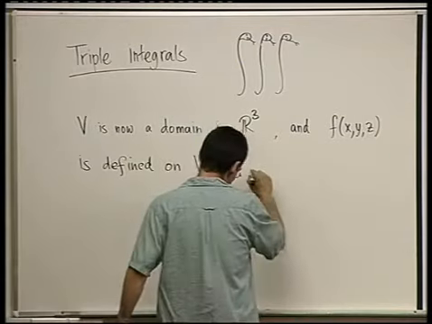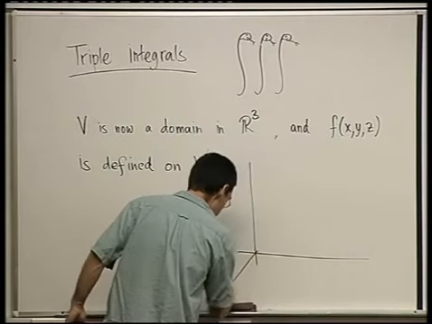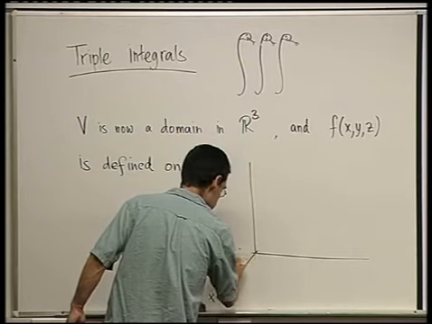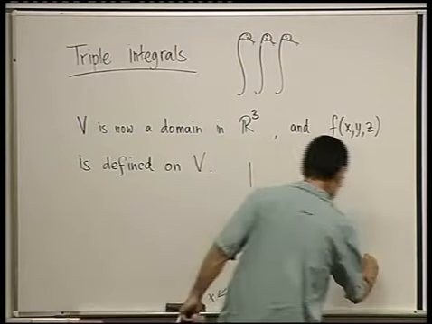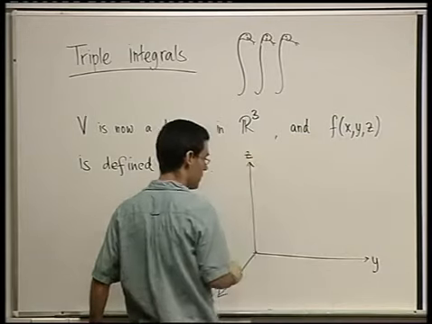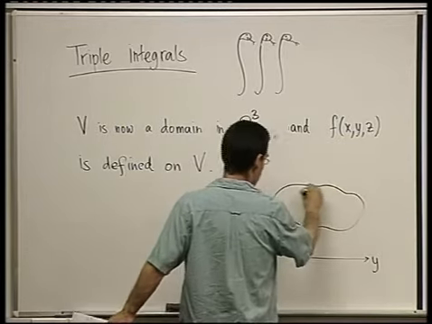And let's draw a little picture here. So now we're looking at 3-dimensional space. V is some form of potato.